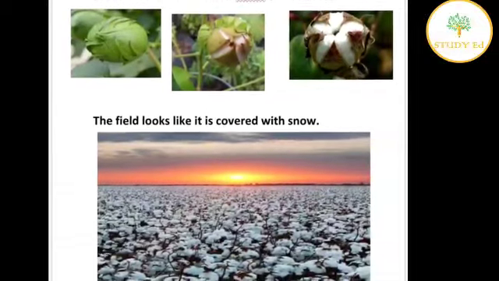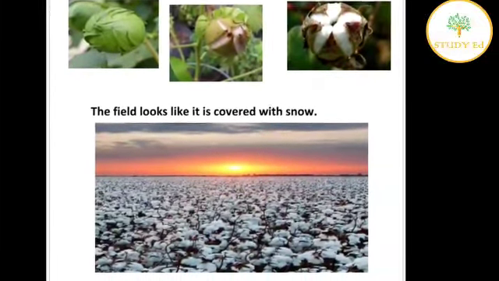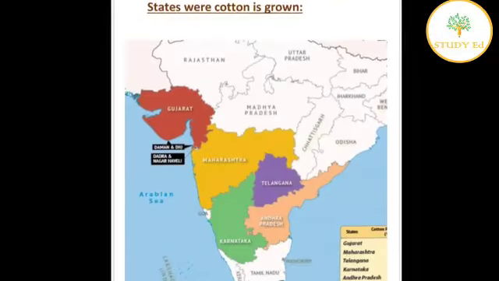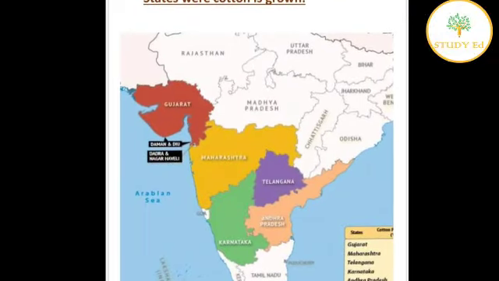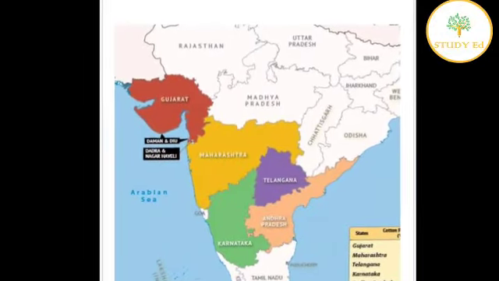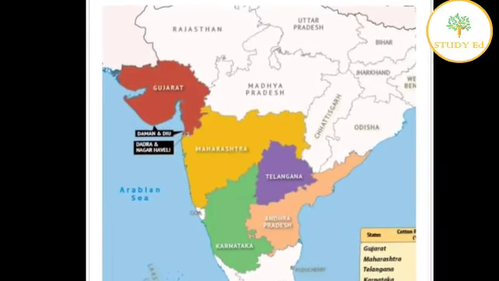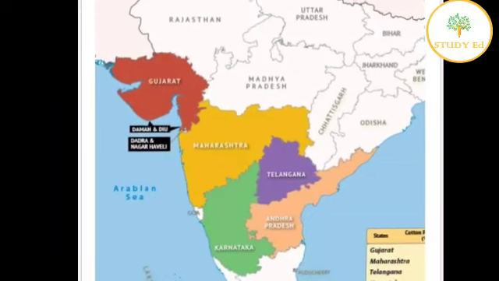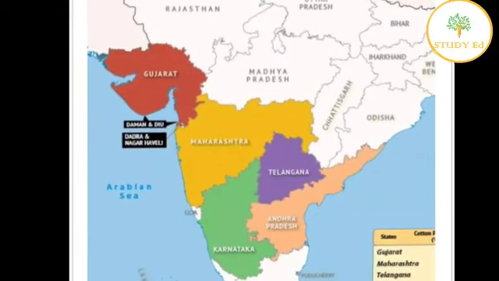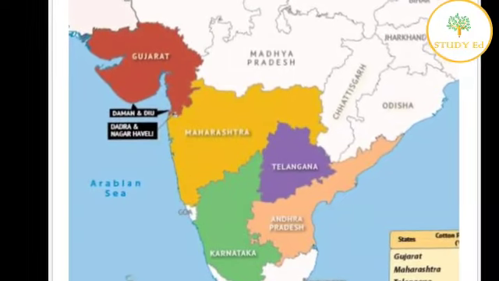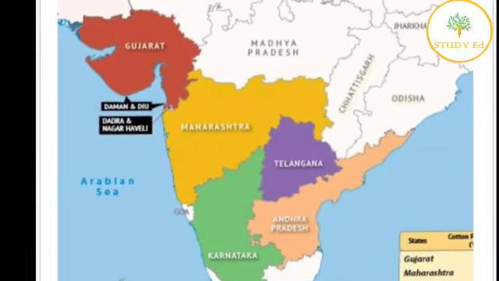The entire field looks like it is covered with snow, as you can see here in the image. Let us see the states where cotton is grown. We have Gujarat, Maharashtra, Telangana, Andhra Pradesh and Karnataka. Here a major quantity of cotton is grown, and it also means that these places contain black soil and have a warm climate as compared to other states.